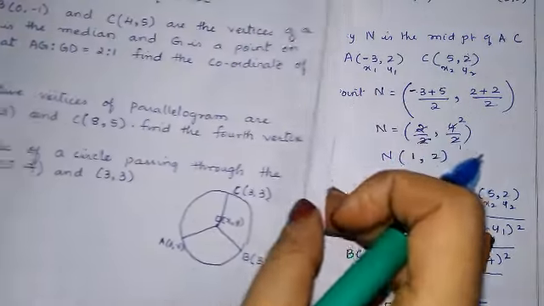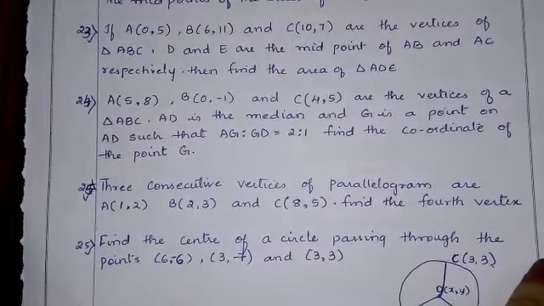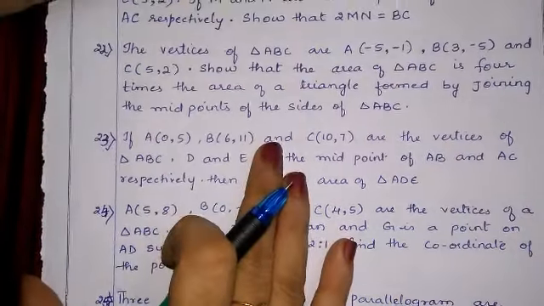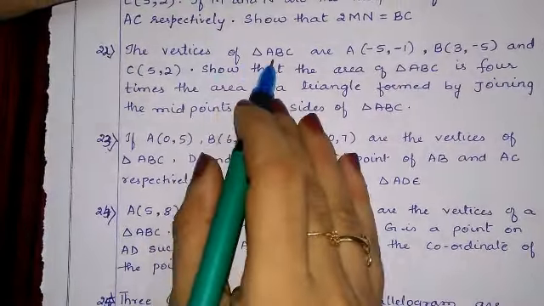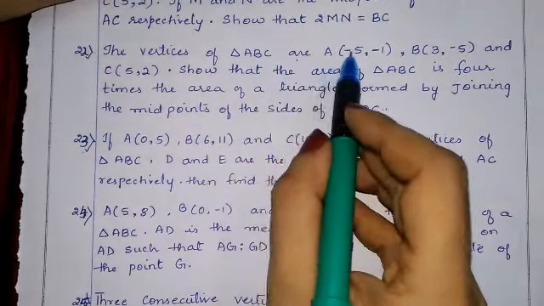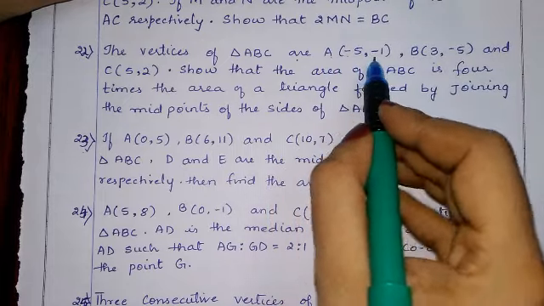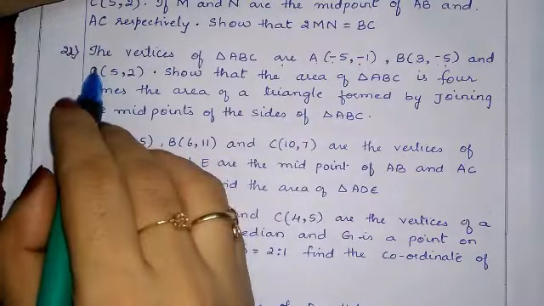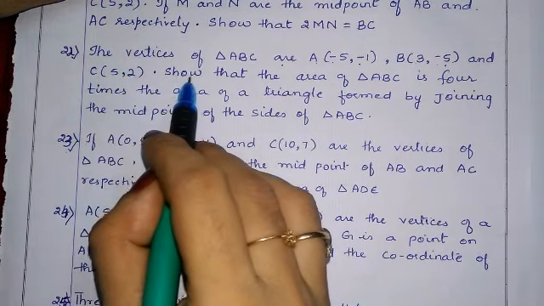Question number 22 is here. The vertices of triangle ABC are A(-5, -1), B(3, -5) and C(5, 2).